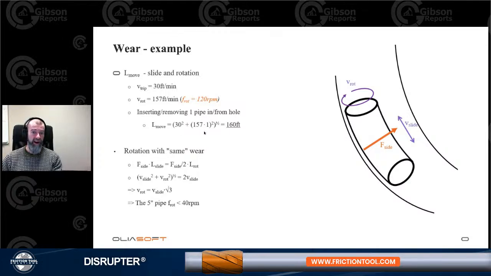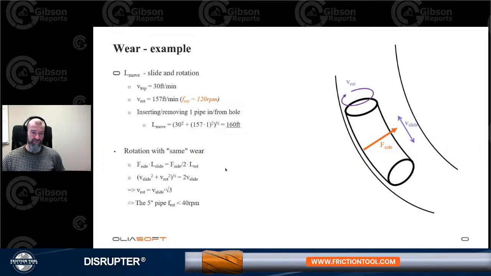Oh sorry, we're not moving one stand, we're moving it down for 1 minute. Yep. So 160 feet compared to only 30, that's quite a lot more, which of course gives you a much bigger wear volume value.